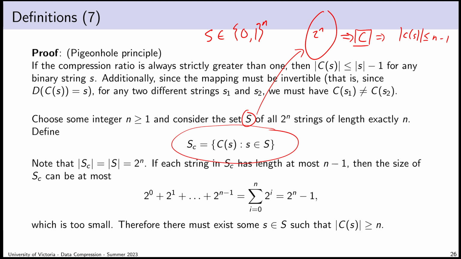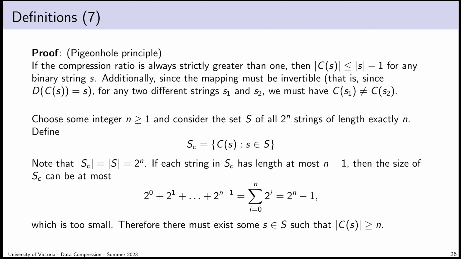Well, obviously, if I'm going to be able to decompress it, this set, we'll call it SC, has to have the same size as S, so that I have some way of going backwards. So every input bit sequence has one unique output bit sequence when I run it through the compressor. So that means that for lossless compression to hold, this has to hold as well. But I'm going to be able to show that if every single sequence in SC has to have length at most n minus 1, well, how many possibilities are there?